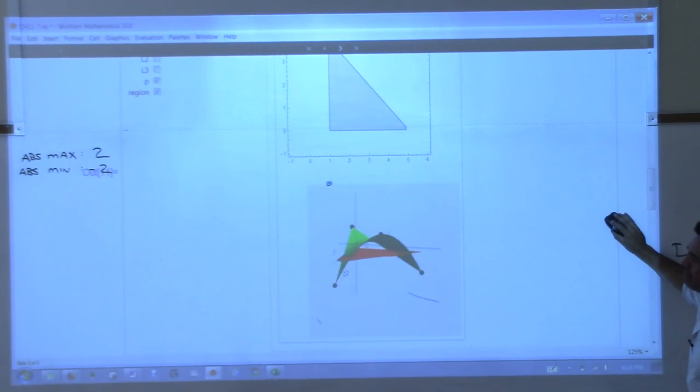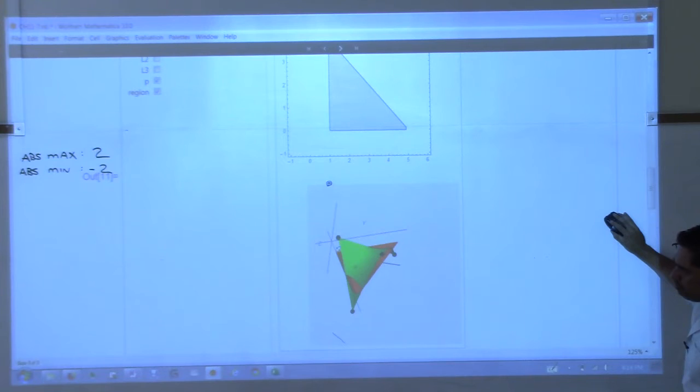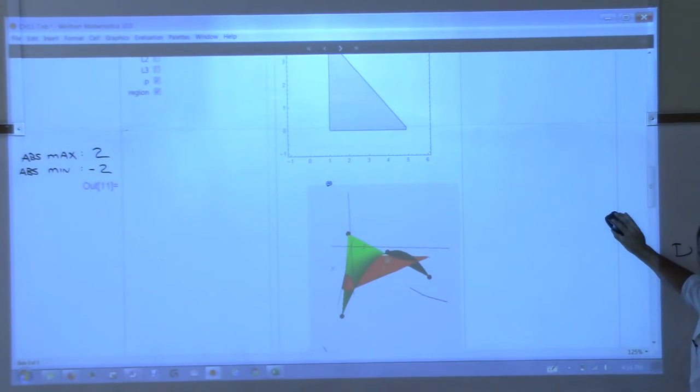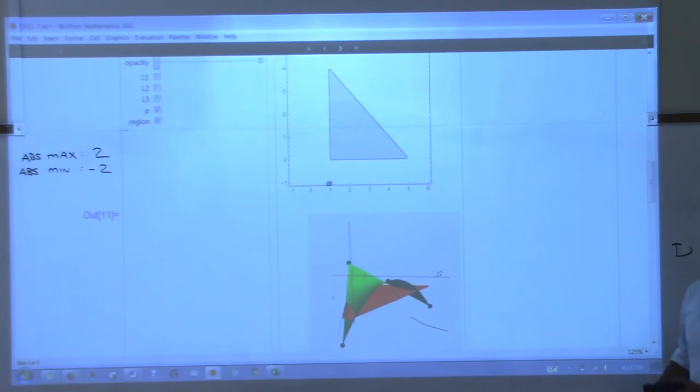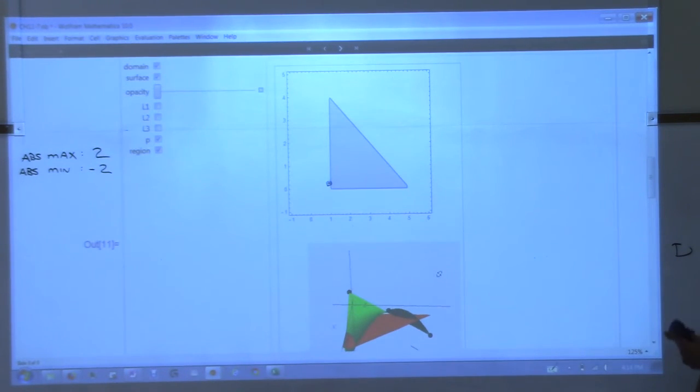Our absolute maximum happened at the corner point down here at 1, 0, and the other absolute max occurred along L2 at the peak of the parabola. So this is a little more involved than the previous one, because you have to work your way around. And that was just a triangle. There's nothing that says it has to be a triangle. It could be some arbitrary shape.